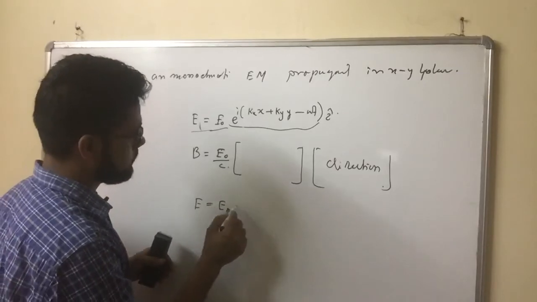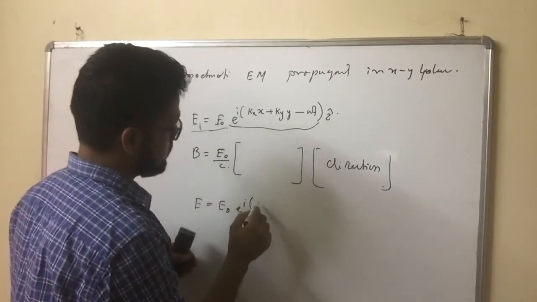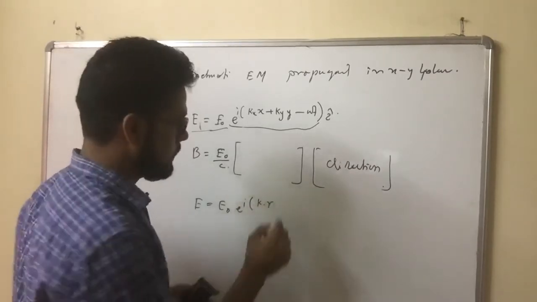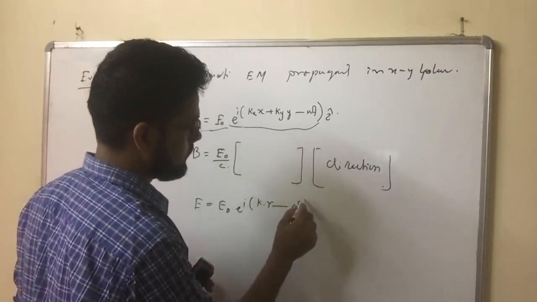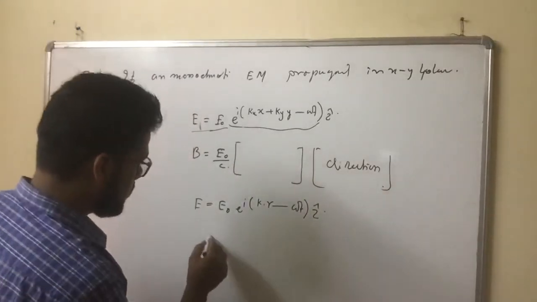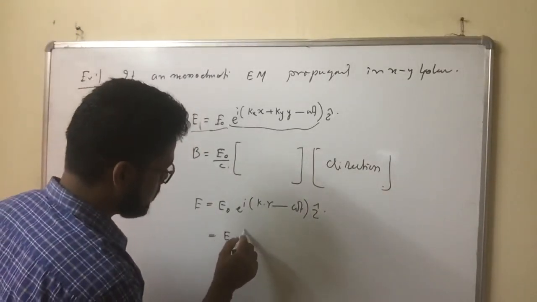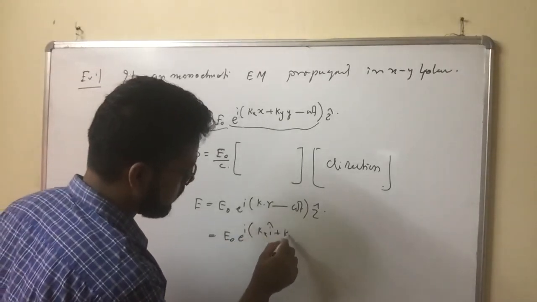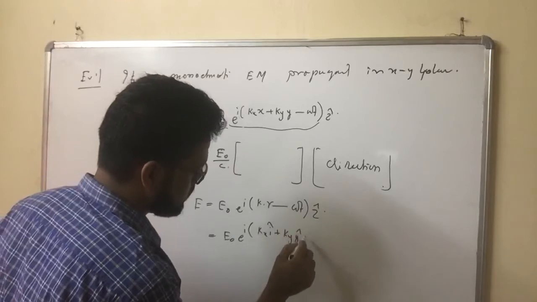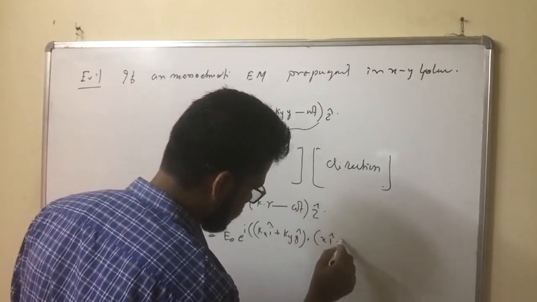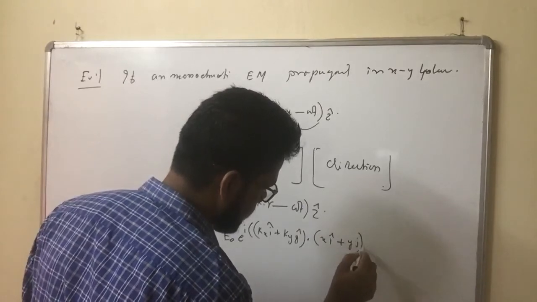In this case, you can transform like this, right? E equal to E naught e to the power i k dot r. The initial standard equation is k dot r minus omega t. Is it the standard equation? Now if I write E equal to E naught e to the power i (kx x cap plus ky y cap) dot (x x cap plus y y cap plus z z cap), minus omega t, is it okay?